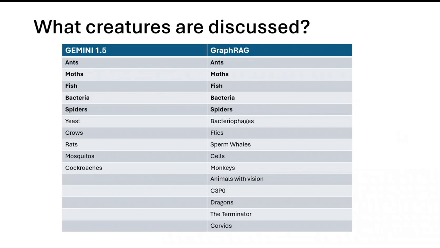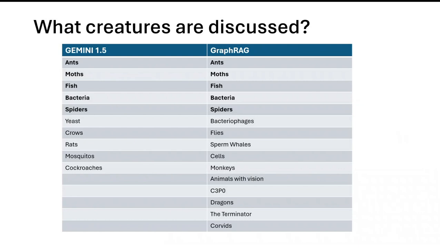And again, we had multiple iterations. Like I said, this is just sample data. There are other data sets also, news articles, internet data, which I don't really have a demo of, but that is eventually giving a lot of hallucinations. Another example: what creatures are discussed, comparing not with basic RAG, but Gemini with large context against GraphRAG.